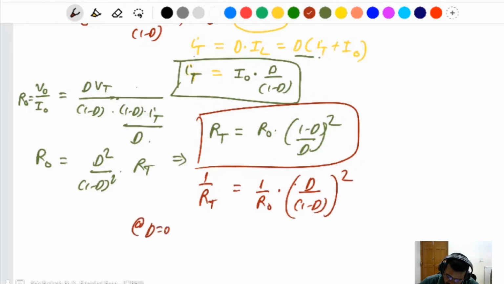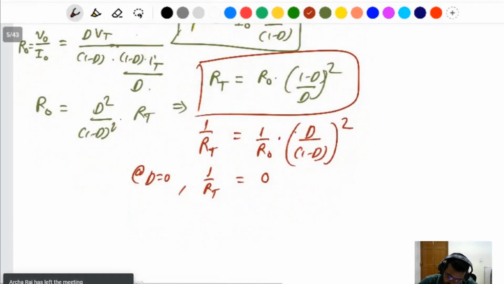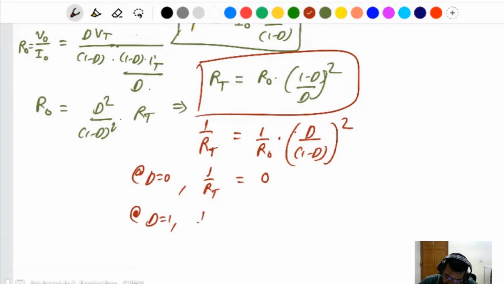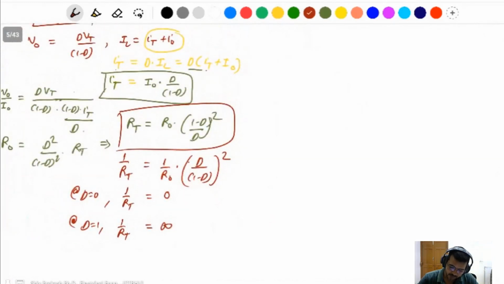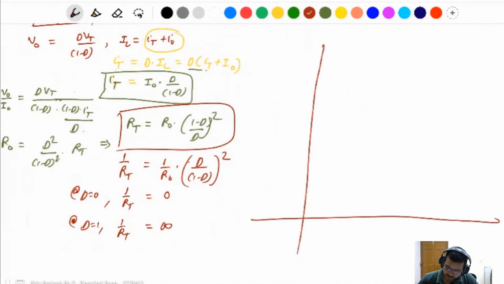At D is equal to 0, 1 by RT is equal to 0. At D is equal to 1, 1 by RT is equal to infinite. And Vt, this one will be It.